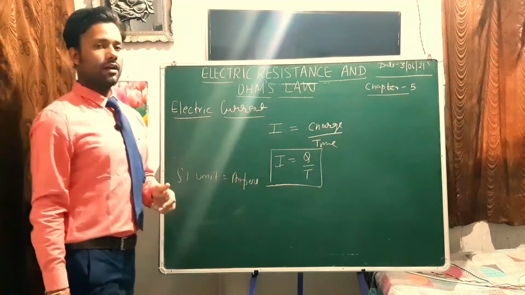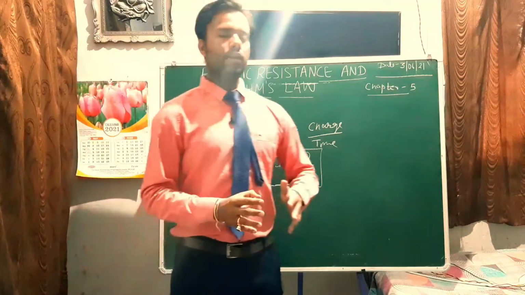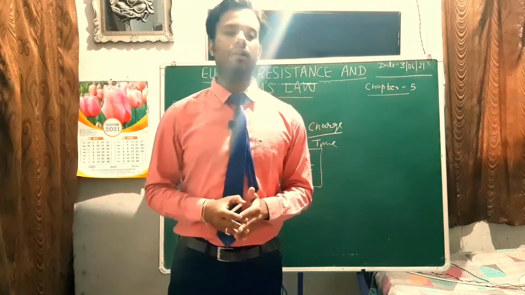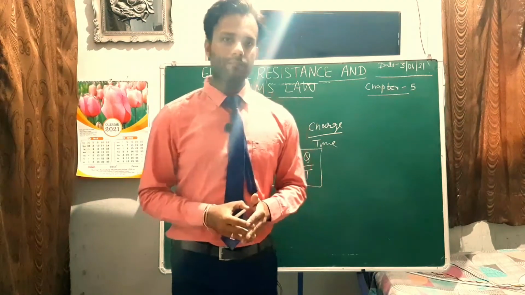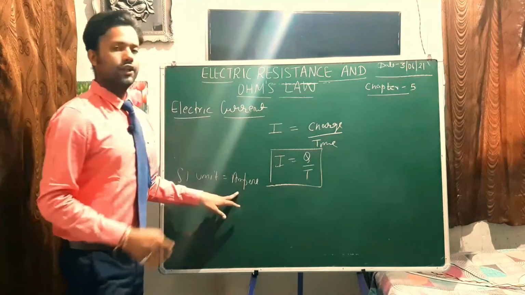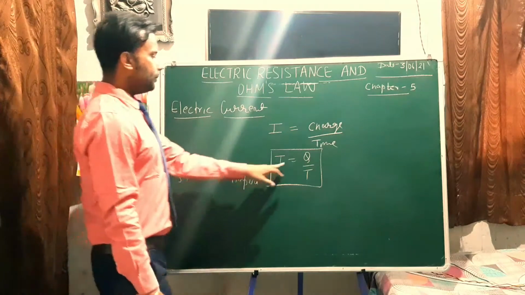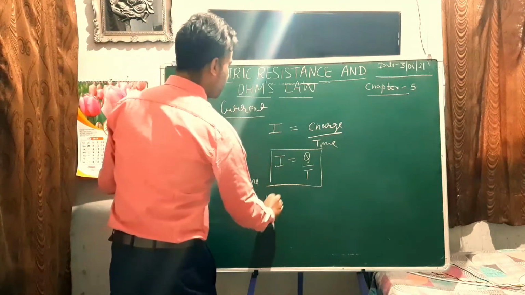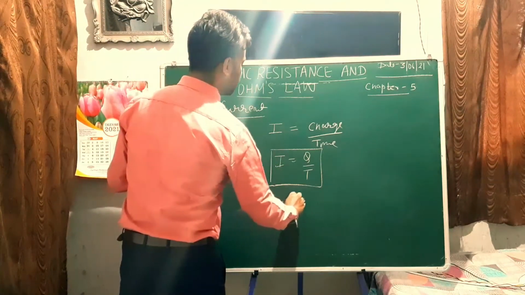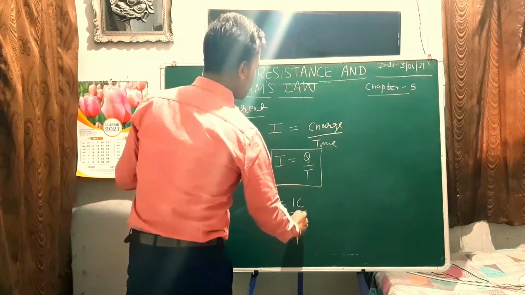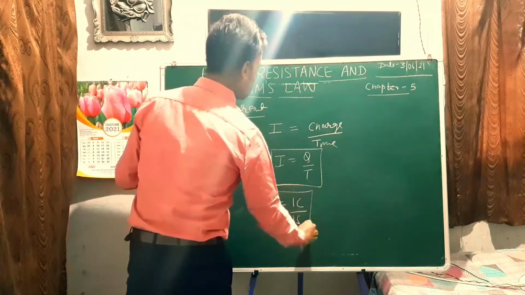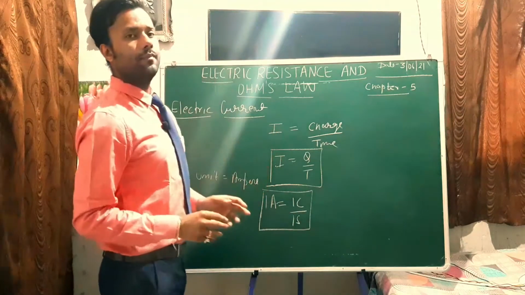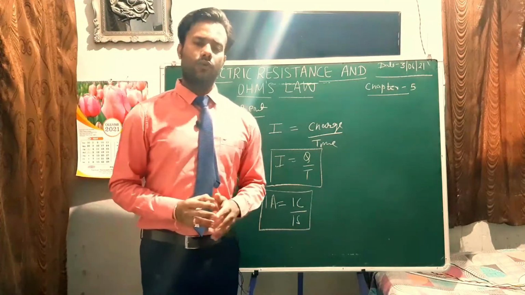You know that electric current is one of the 7 fundamental quantities, right? And ampere is also a fundamental unit. 1 ampere is equal to 1 coulomb per 1 second. Sometimes in the exam you have to write the definition of 1 ampere.